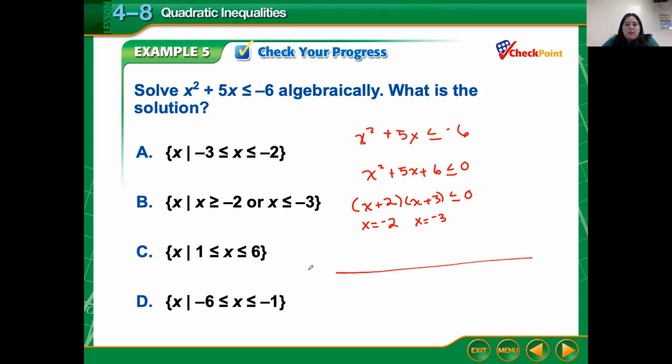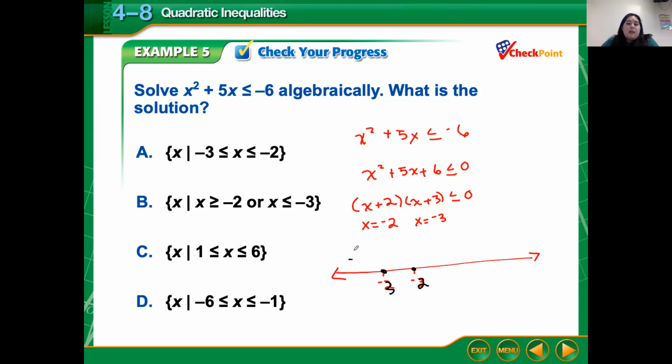So on our number line, we're going to set this up. Here is -2, here is -3. I am going to change colors, let's go to black. We do know there's going to be closed circles. Oh, I'm sorry, I did this in the wrong order. This should be -3, and this should be -2.